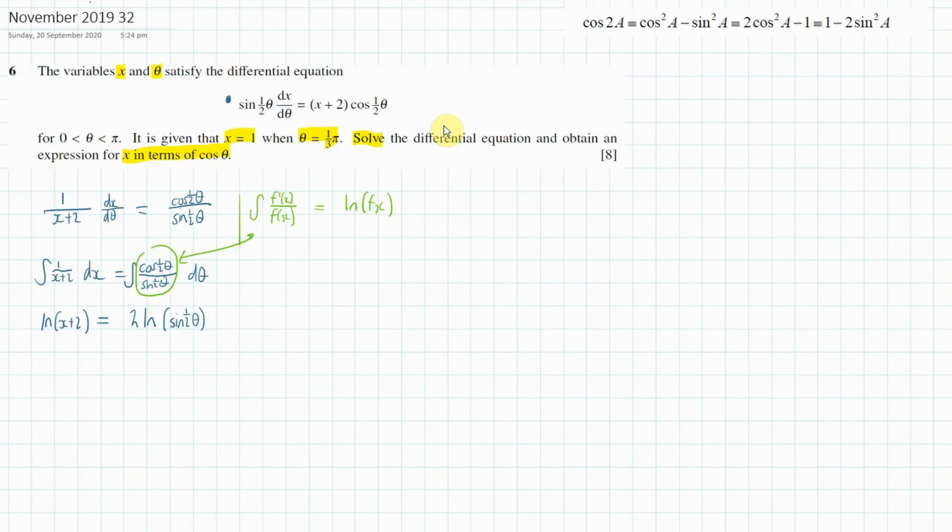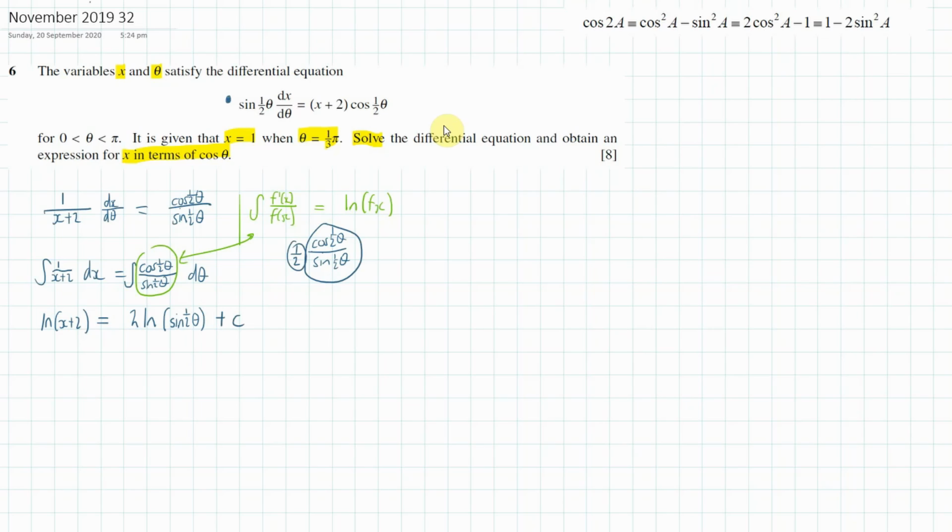Well, if I were to differentiate ln sine 1/2 theta, I would end up with 1/2 cosine 1/2 theta over sine 1/2 theta. And the fact that I've only ended up with this in the green circle indicates that I must have had something to cancel out that 1/2, which is why I put this 2 in here. So I must have 2 ln sine 1/2 theta plus c.